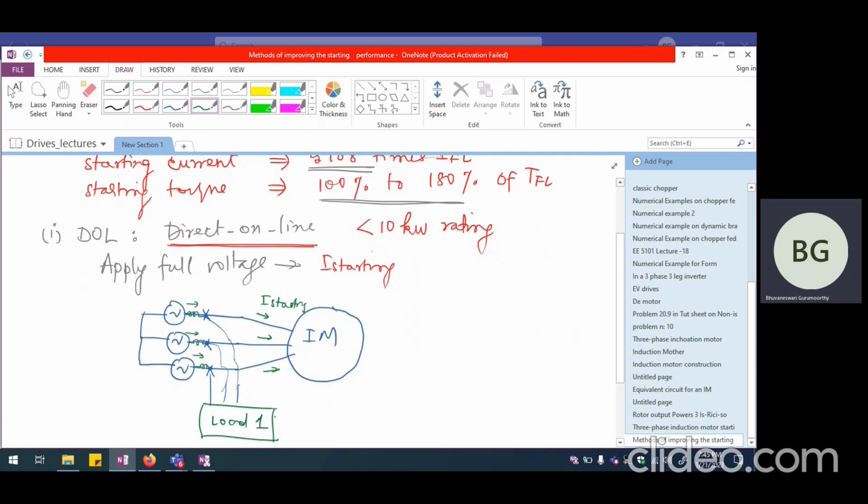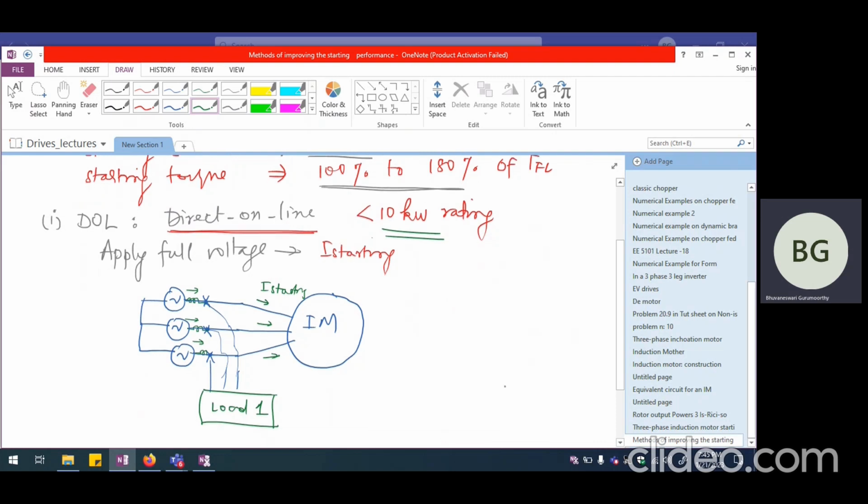It can adversely affect all the other loads connected to the same transmission or distribution line, and that is the reason why direct online starting is never allowed for motors greater than 10 kilowatt rating. There are many other starting methods that can reduce the starting current considerably, so that this kind of voltage dip or voltage sag is not experienced by all the loads connected to the distribution line or transmission line.